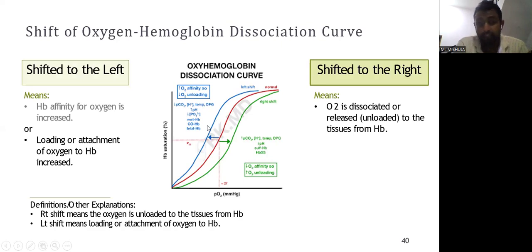Hemoglobin affinity for oxygen is increased, so the loading is increased. So that will happen at the lung level. This is right shift. What has happened? The hemoglobin affinity for oxygen is reduced. So oxygen is released at the tissue level.